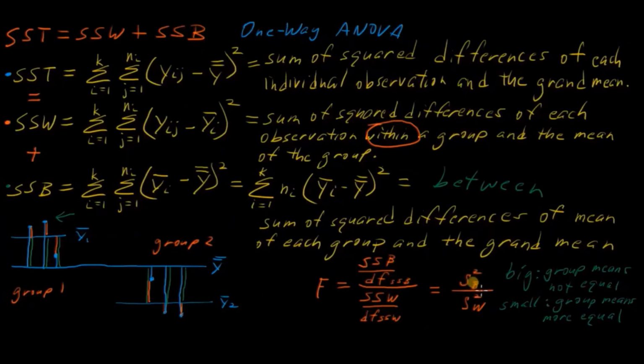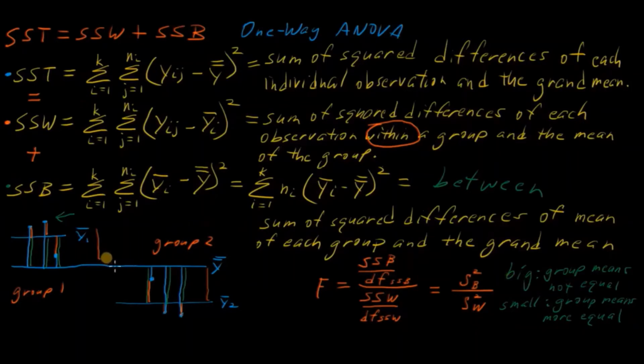Well, if your spread between groups, that would be this here and this here, if they're spread out a lot, if this is big, it's going to make the fraction big, and the bigger the number, the more you conclude your means are probably not equal in your population.